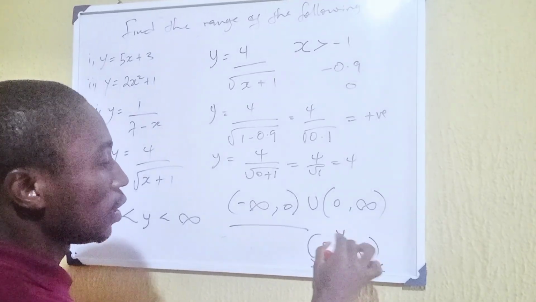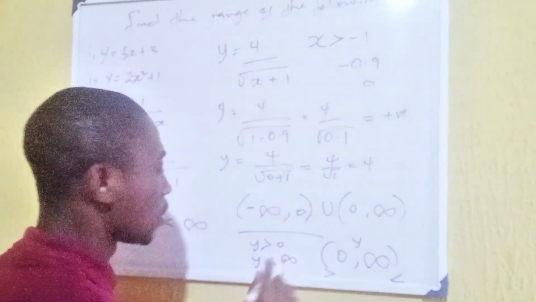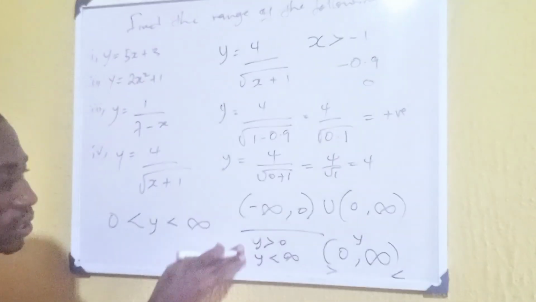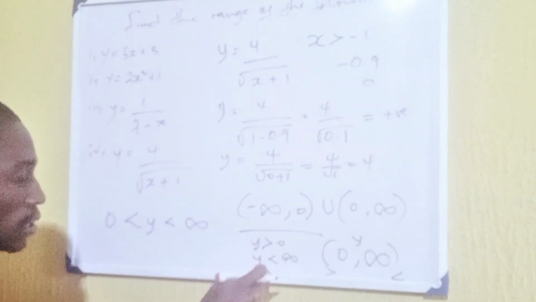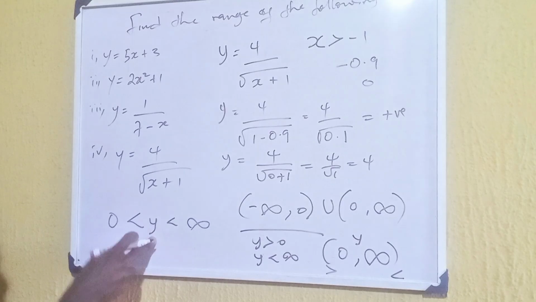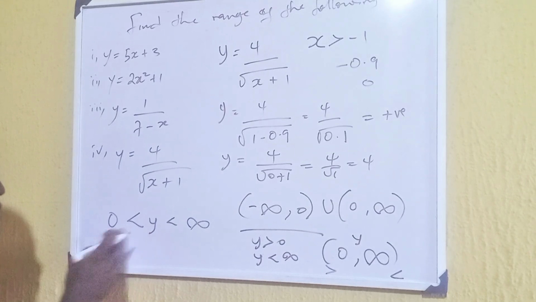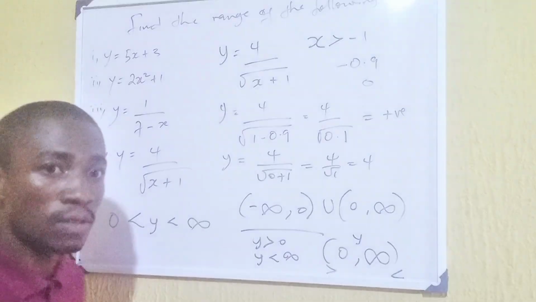Then if you put y here, it means that y is greater than 0, y is less than infinity. Combining these two expressions, because we have the same y, y is greater than 0 and less than infinity. So y is less than infinity, then y is greater than 0. Or 0 is less than y, then y is less than infinity.